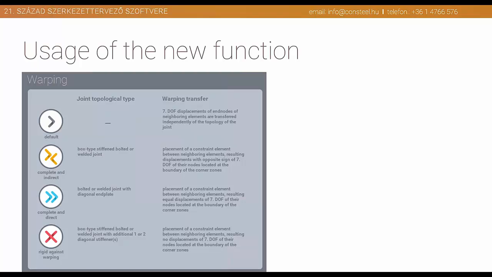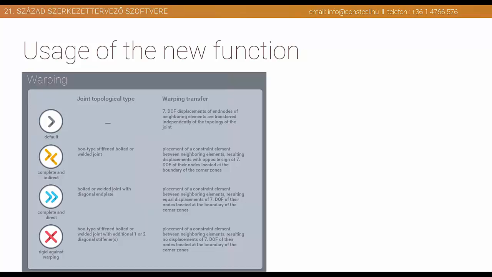A small summary of what is happening mathematically. In the case of the dipole connection type, there is no special name. This is the generic connection, and the 7-degree displacements are transferred, as I said at the beginning, in the same way as for the traditional 6 degrees of freedom, without considering any special behavior of the connection, simply because nothing was defined.